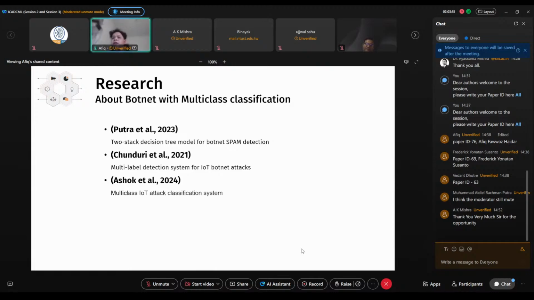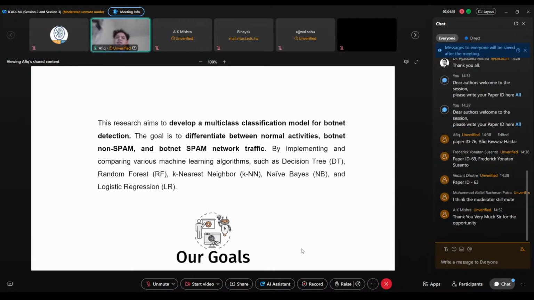Putra et al. pioneered a two-stage detection system using stacked decision trees, first distinguishing botnet activity from normal network traffic before identifying the spam attack. Chunduri developed a robust IoT botnet classification using real-time traffic analysis with multi-level models, while Ashok enhanced detection by combining synthetic data generation with XGBoost to accurately identify 9 distinct IoT attack variations.